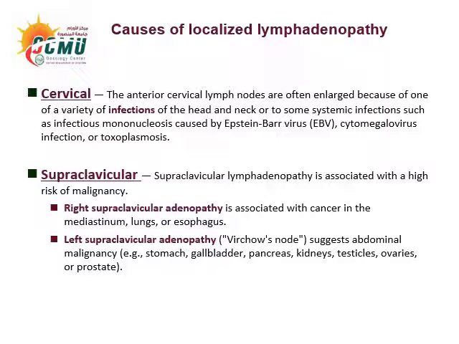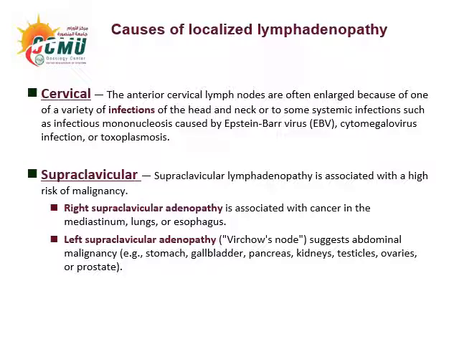For example, in the cervical region, the anterior cervical lymph nodes are often enlarged because of a variety of infections of the head and neck, or some systemic infections such as infectious mononucleosis caused by Epstein-Barr virus, cytomegalovirus infection, or toxoplasmosis. Supraclavicular lymph node enlargement is associated with a high risk of malignancy, especially on the left side.